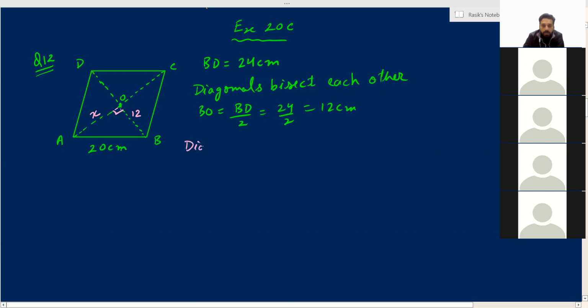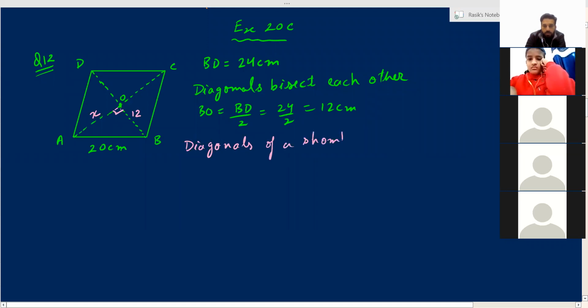Because the diagonals of a rhombus are perpendicular. This is the symbol of perpendicular. You can write down the word also. Diagonals of a rhombus are perpendicular, therefore we can say that angle AOB is equal to 90 degrees.